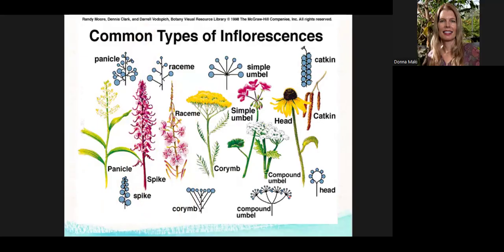Sometimes flowers aren't very showy. Think about catkins on the angiosperm trees. They don't look like much, but they do the job for that particular plant species. So again, inflorescences have a lot of different design types.